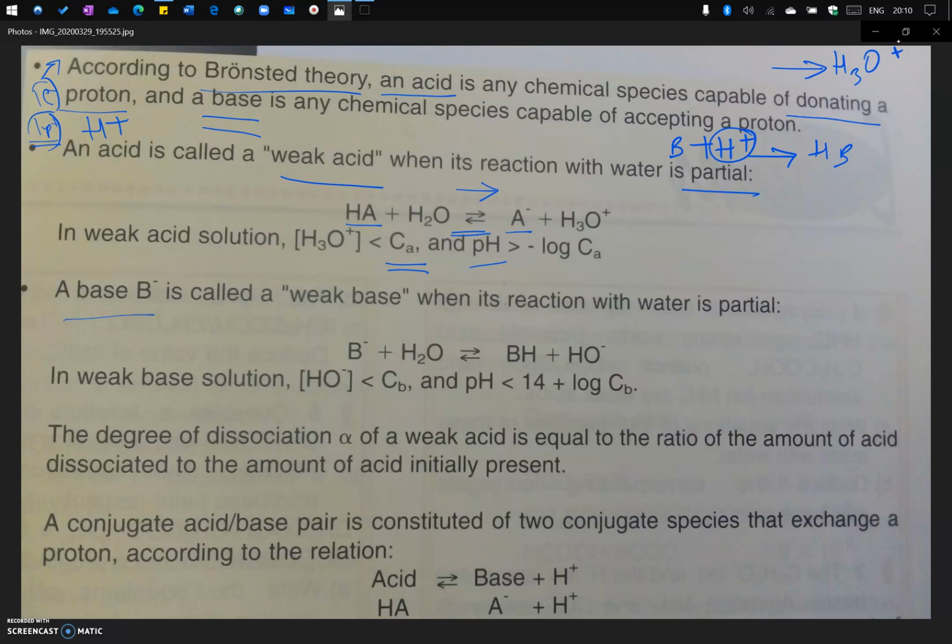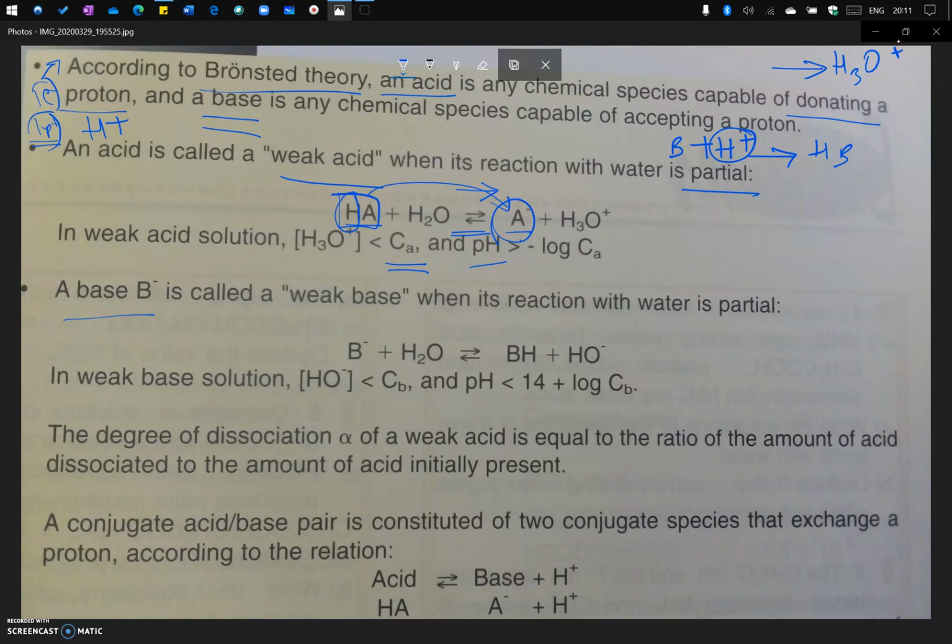So a base B- is called a weak base when its reaction with water is also partial. B- or A-, any species here, now we call it a base, and we will see it's called the conjugate base, because when the H, the proton, leaves the acid HA, what is left is called a conjugate base.